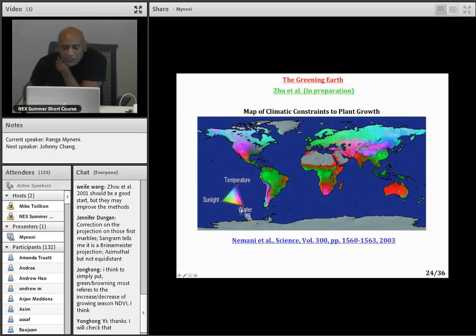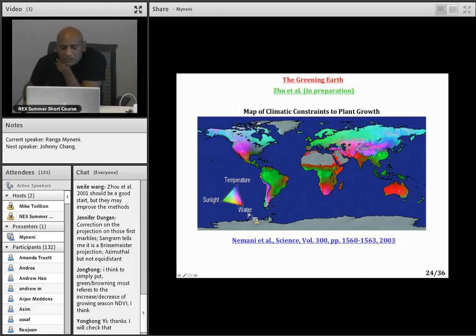And if a region is purely water limited, such as the arid areas, it will appear in red color. If the region is purely limited by sunlight, in this picture, it will appear as green, the Amazonian forest, for instance. And if a region is purely limited by temperature, it will appear in blue, as in the northern areas.